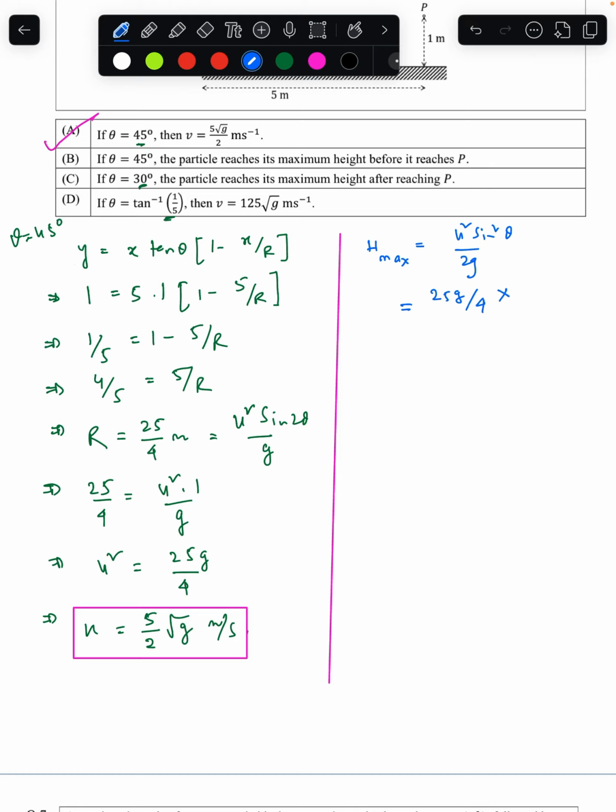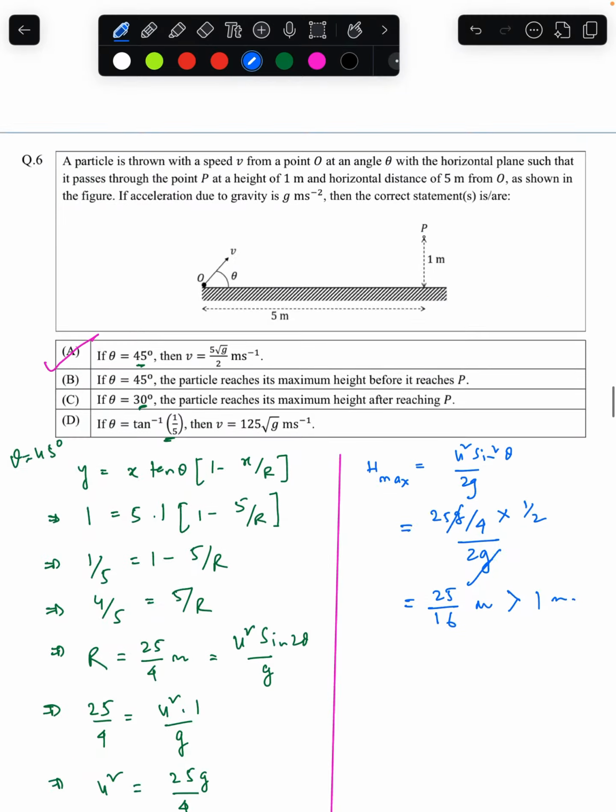Sine square 45 degree becomes 1 by 2, divided by 2g. G cancels out. Here it is coming 25 divided by 16 meter, which is greater than 1 meter. So we can assume that yes, it will achieve it before that only.